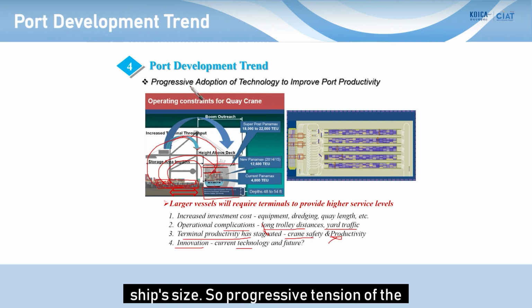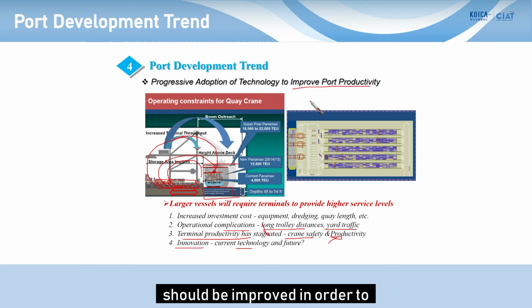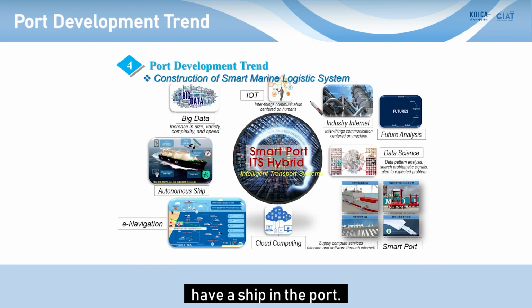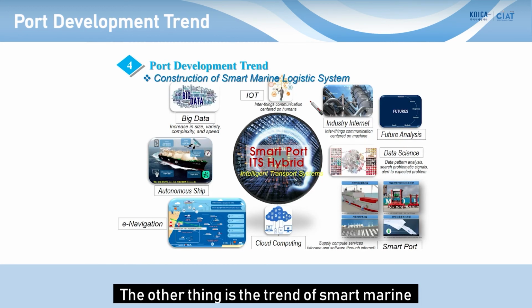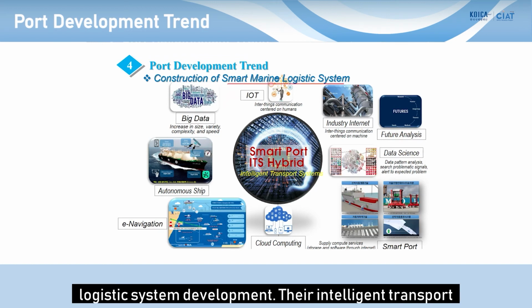So progressive adaptation to the new ships will improve port productivity, and the hardware, infrastructure, manpower, software, all these should be improved in order to serve a ship in the port. The other thing is the trends of smart marine logistics system development.